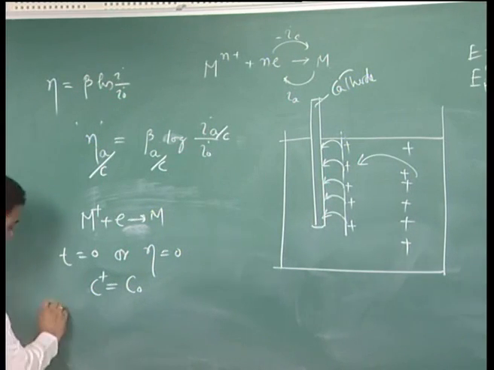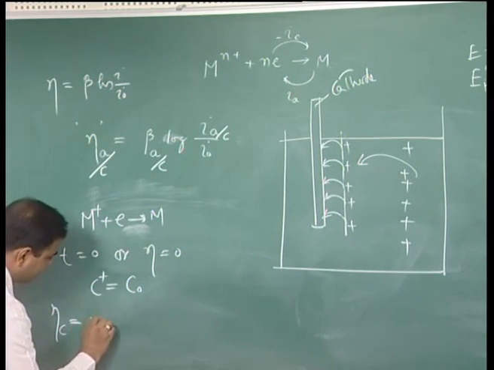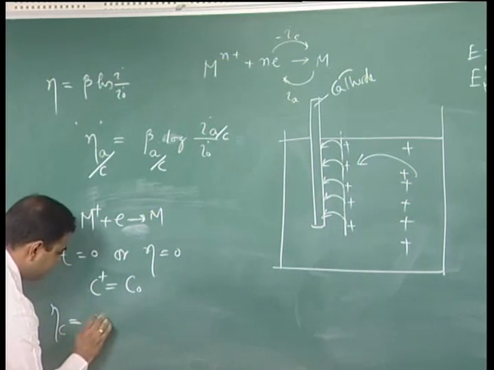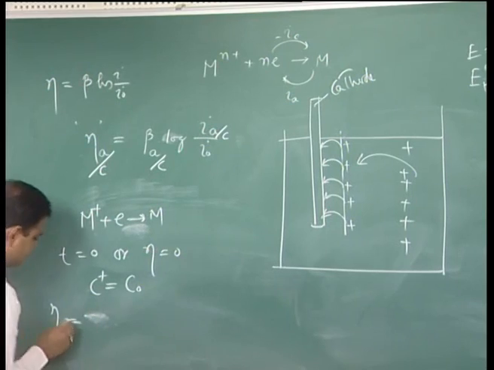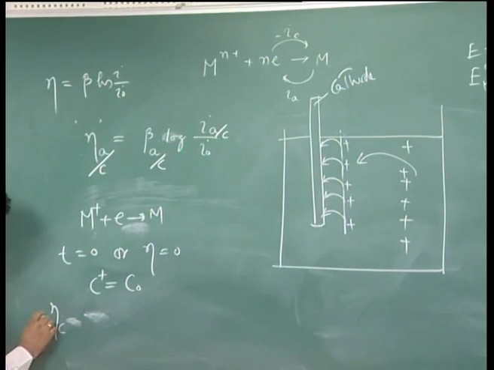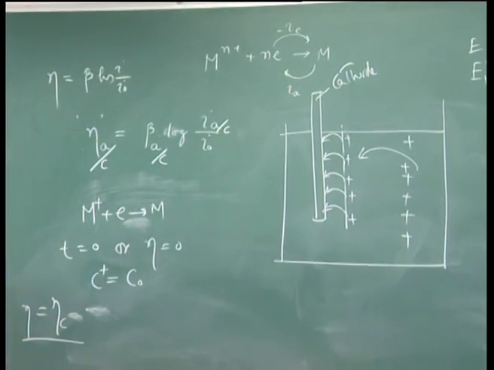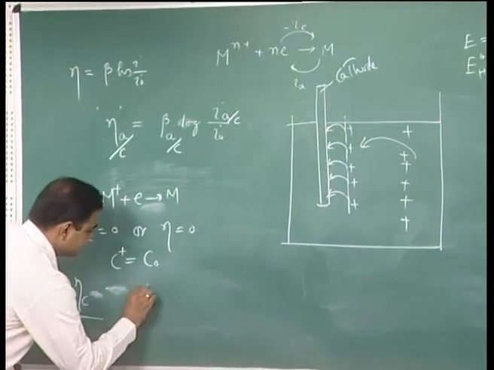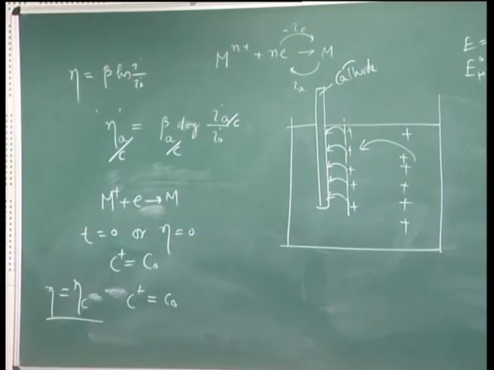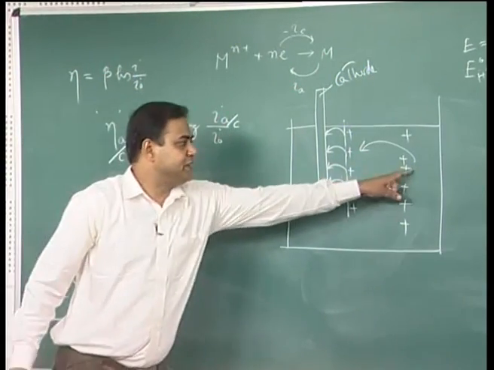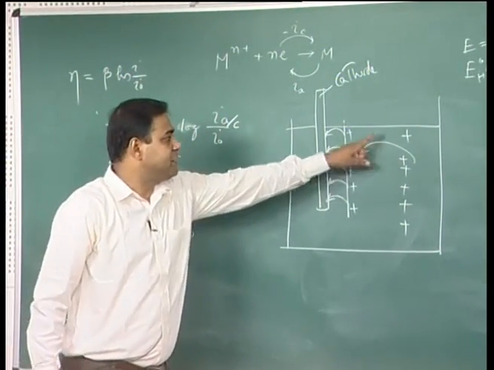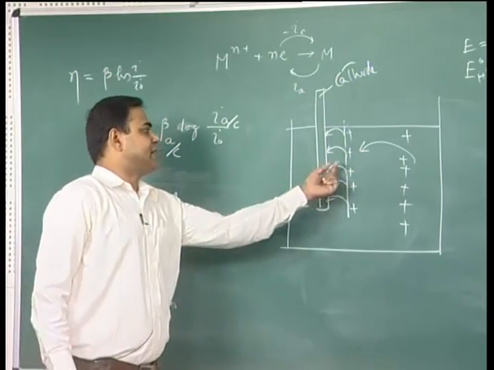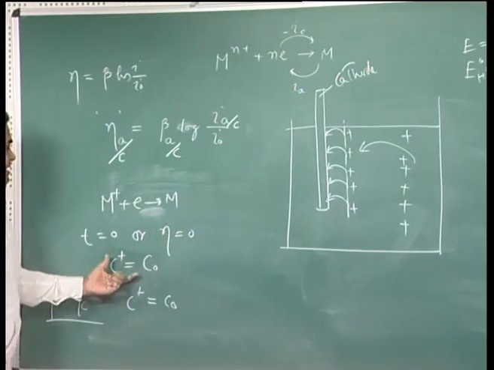Now when this is equal to some value, let us say this eta C is my overvoltage, and if I see that C+ equals C0 again, that means the rate at which metal ion is coming from the bulk is more than the rate at which metal ion is getting deposited.